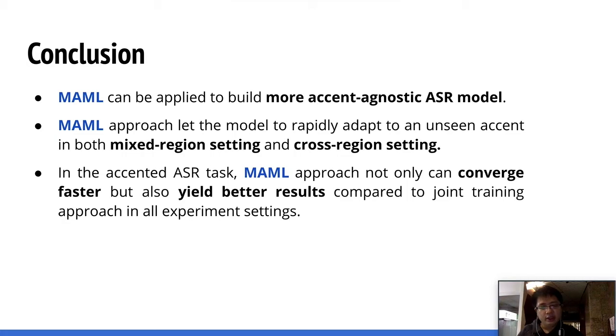And notably, in cross-region settings, the adaptability is much more efficient compared to joint training. And lastly, in accented ASR as our task, the MAML approach not only converges faster, but also yields better results compared to joint training. And we show that from all of our experiment settings.